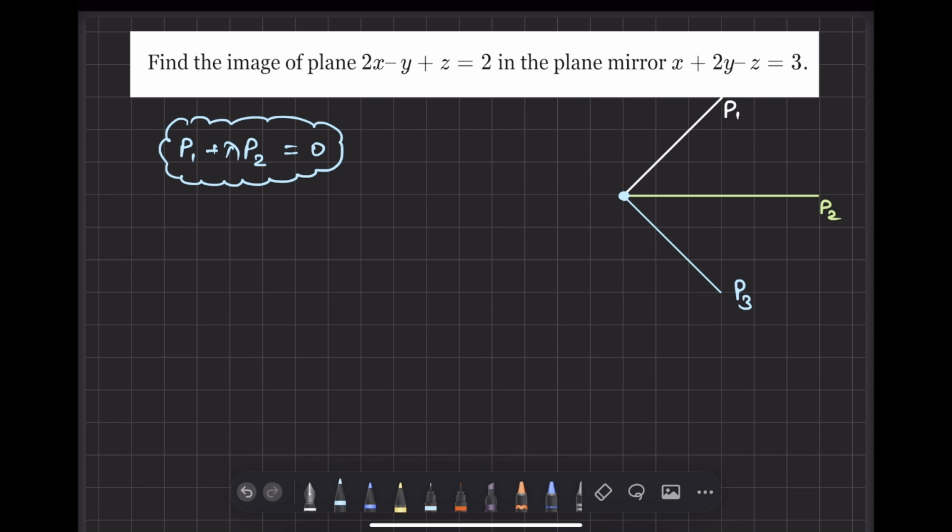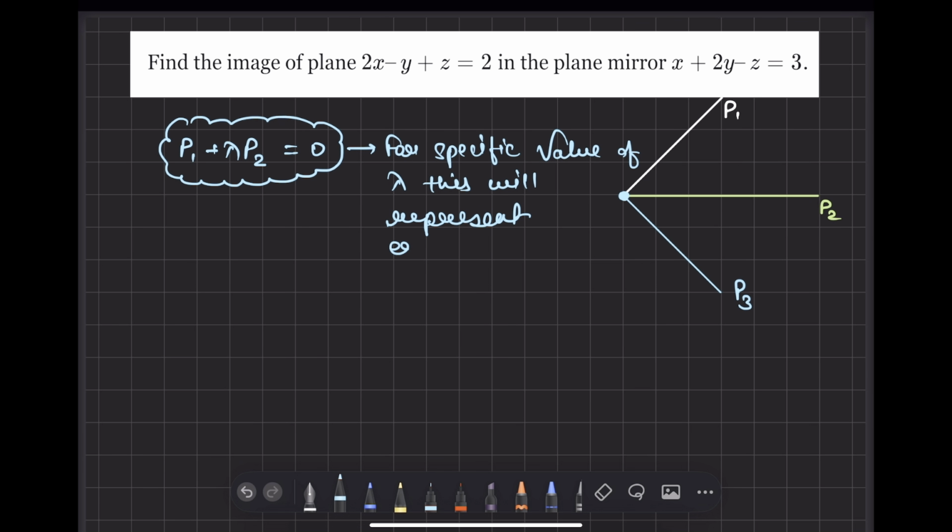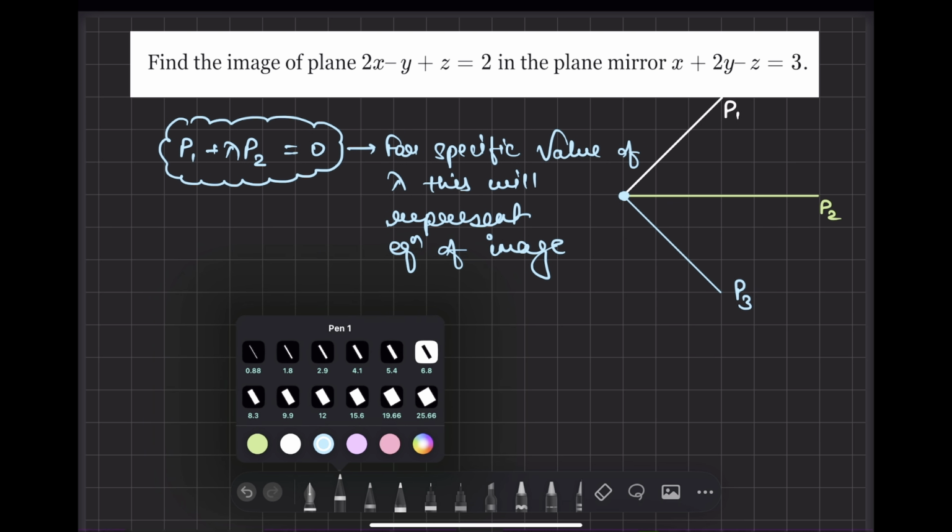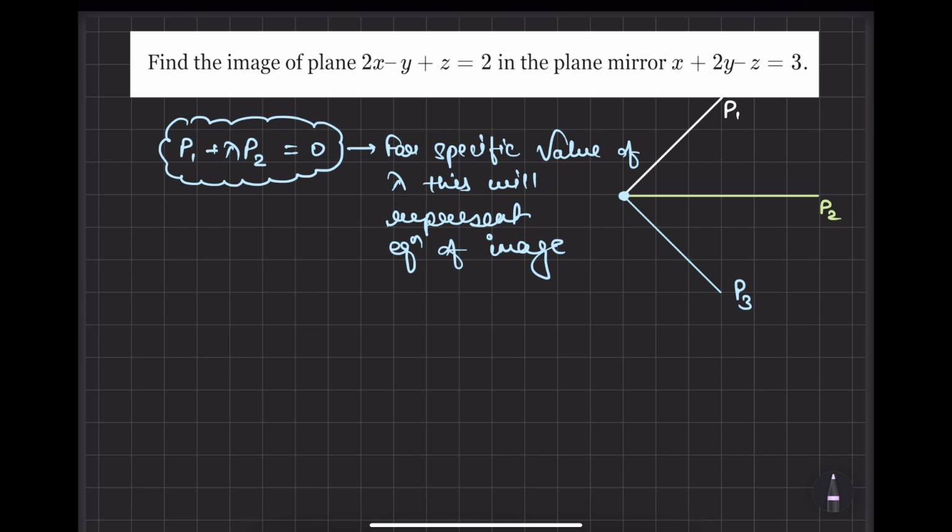There will be an infinite number of planes based on the values of lambda, but for a specific value of lambda, this will represent the equation of the image. So we need to find out what lambda is. How will we find it?